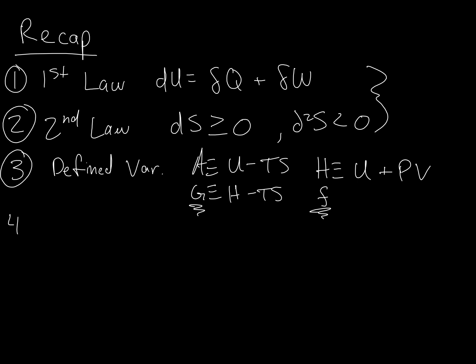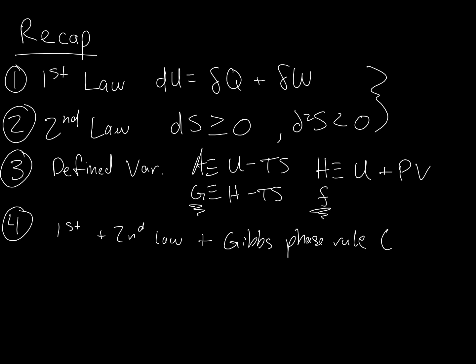So the next step is we use the first and second law plus the Gibbs phase rule. Basically, the Gibbs phase rule is on the basis that U, S, and V are the main variables of the universe from a thermodynamic perspective. So if we know any two of them, we should be able to calculate the third.